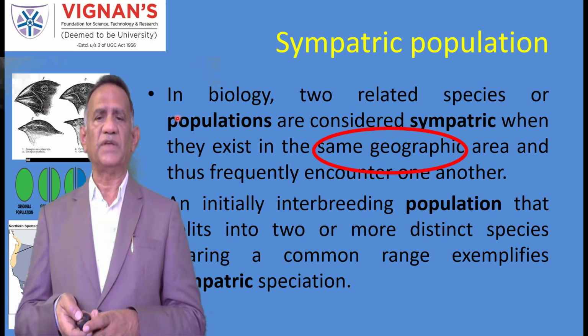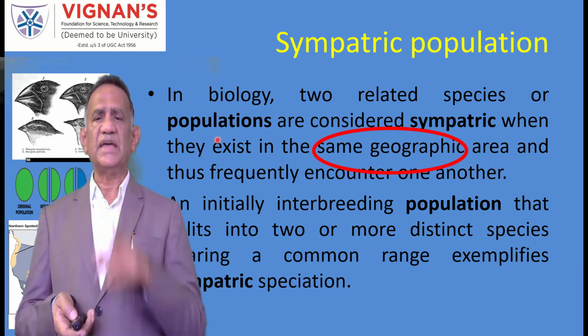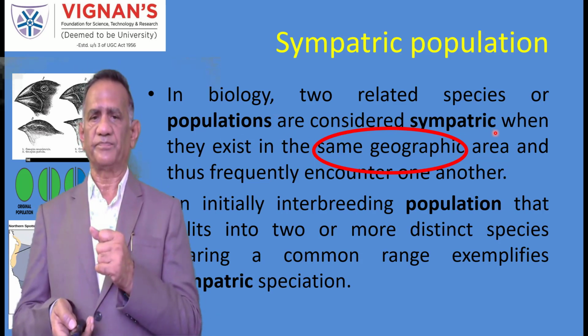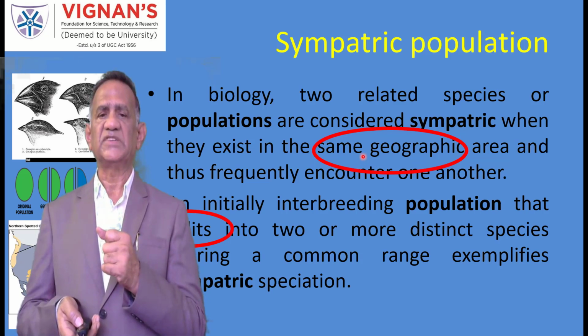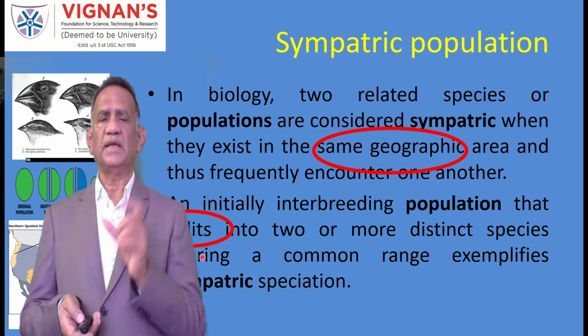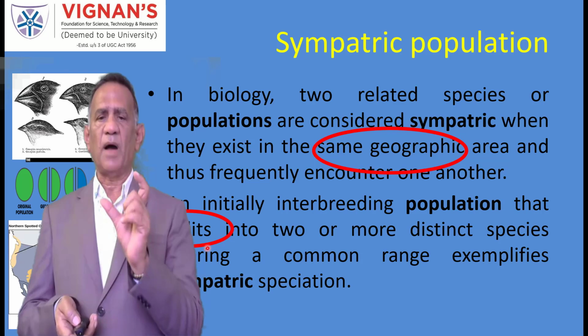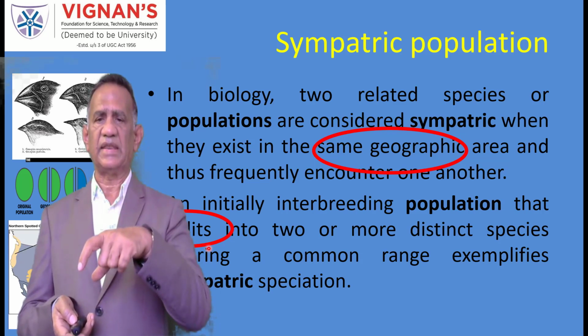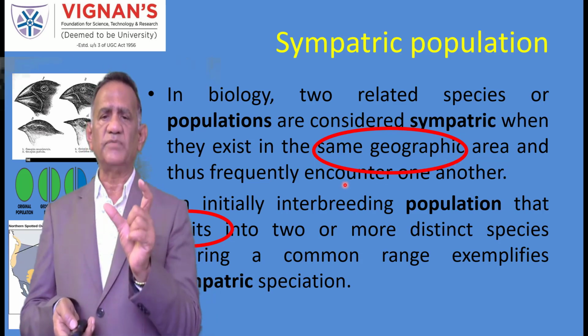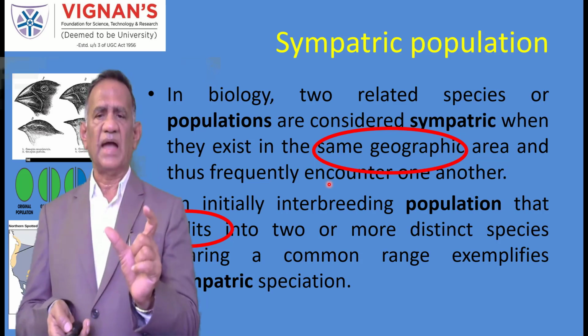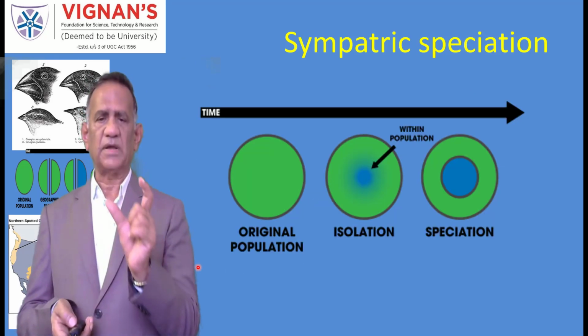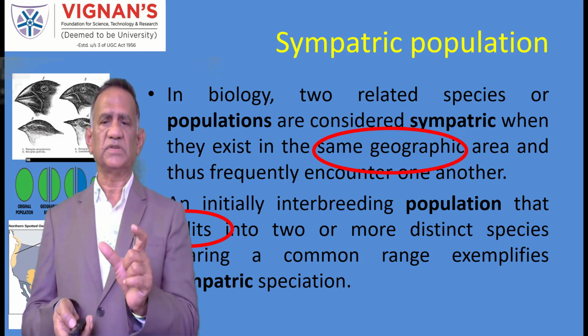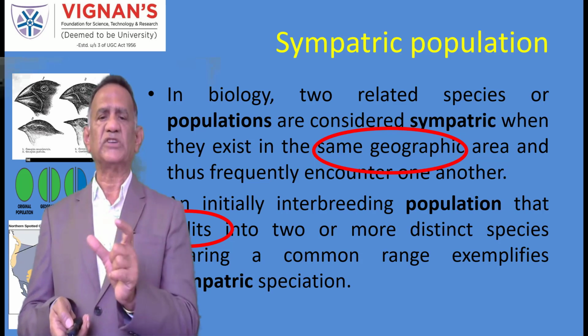In a sympatric population, the population is in the same geographical area, but there is a split. The population in the same geographical area, a few of them are in one niche, and they become distinct from other species. As a result, sympatric speciation starts.